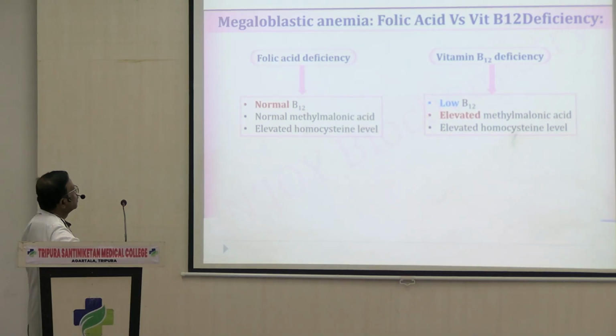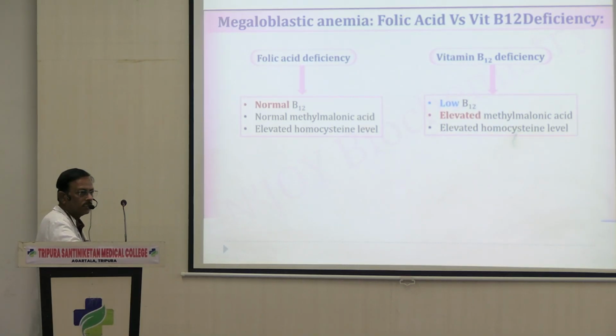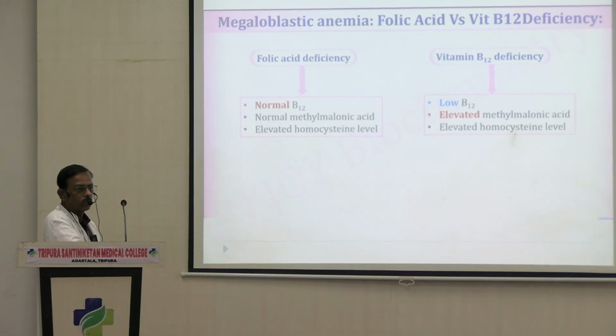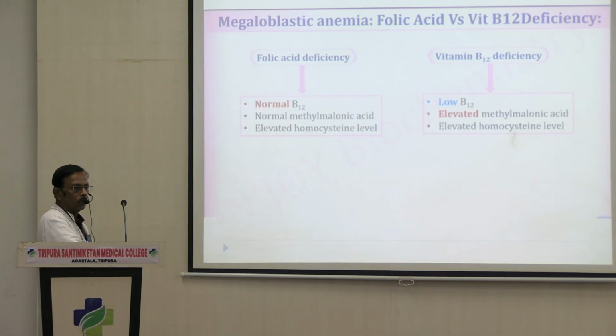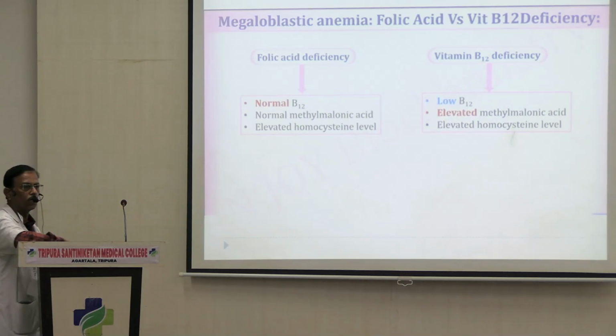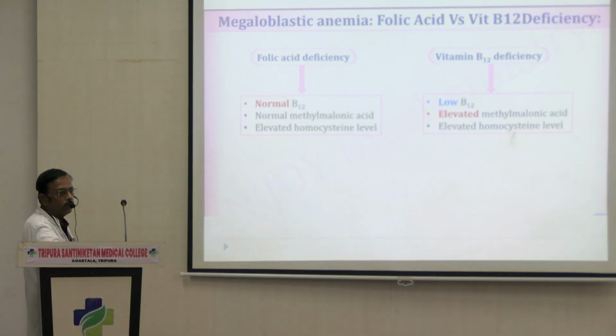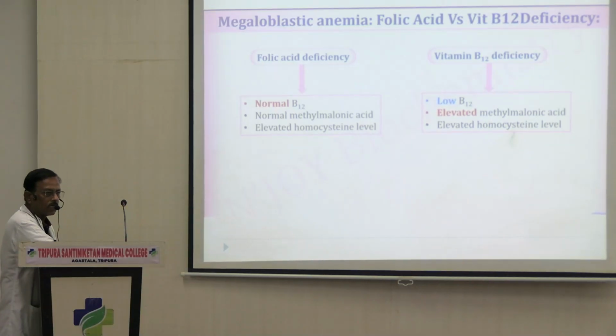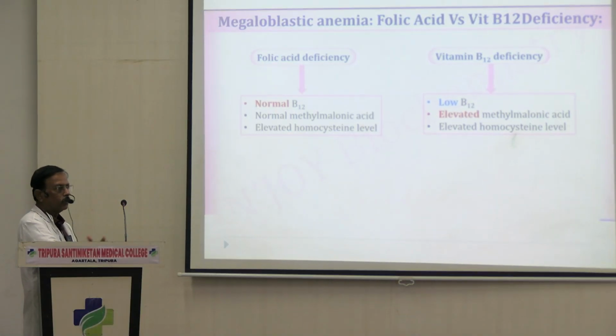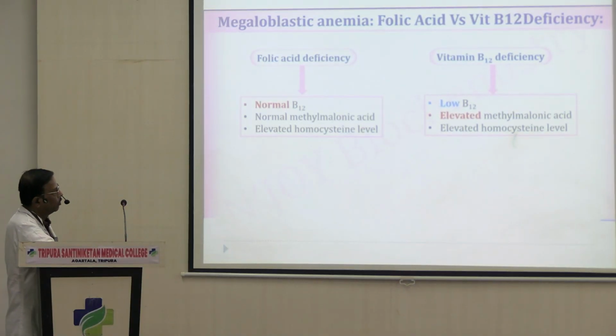In case of folic acid deficiency, tetrahydrofolate is not available in enough amount, so there will be less conversion of homocysteine to methionine. So this is the reason for the increase. In case of vitamin B12 deficiency, the N-methyl tetrahydrofolate is trapped, so there will be increased homocysteine level.